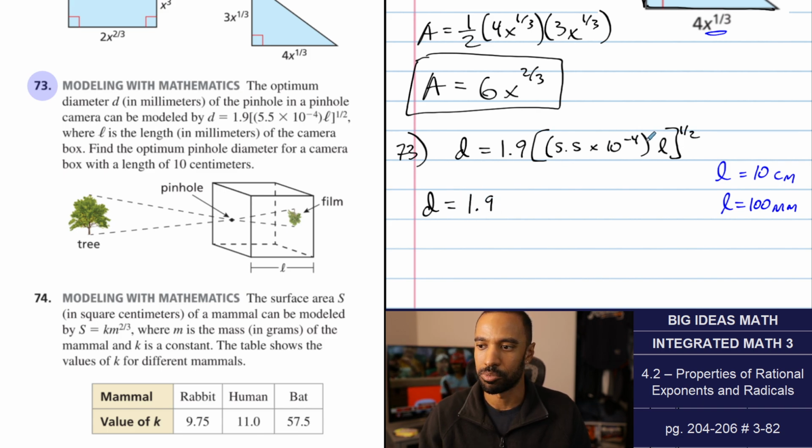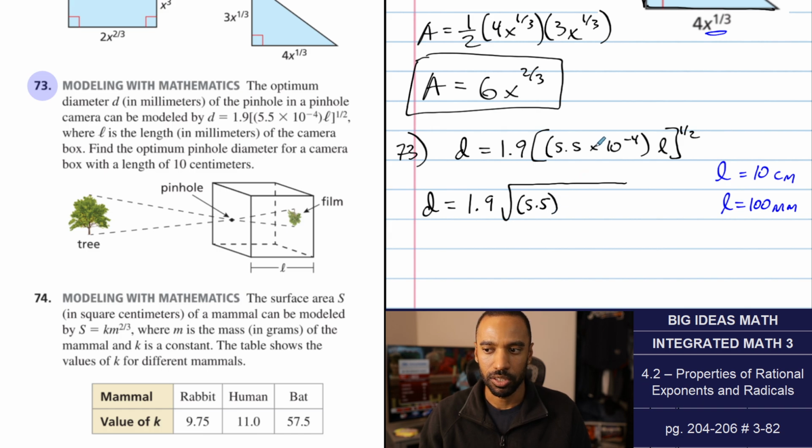We got 1.9 times, and this is a little busy looking. A lot of brackets. 1/2 power is also square root of. So let me clean this up a little bit. This is 5.5 times, and listen, times like this, you don't need that. I can write it like this as well, right? 10 to the -4th power. And 100 is going in for L, and 100 is also 10 squared.